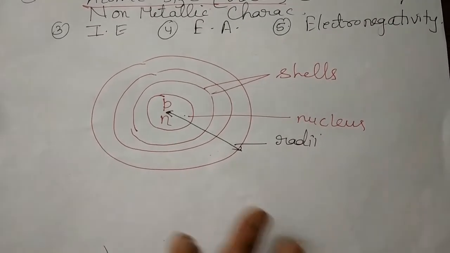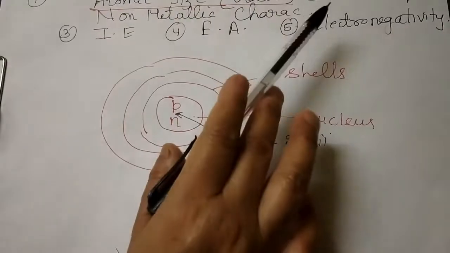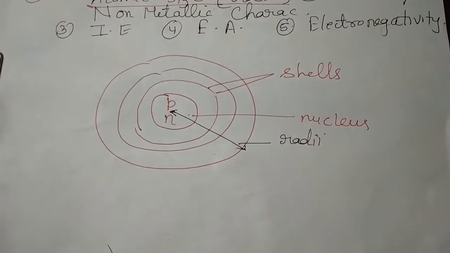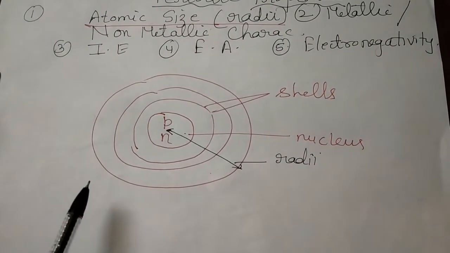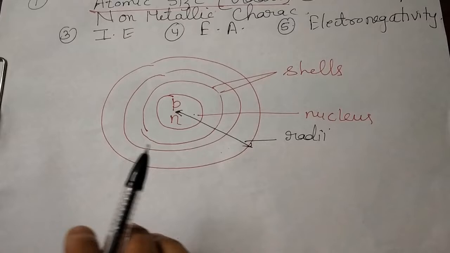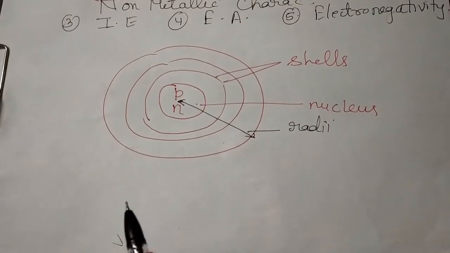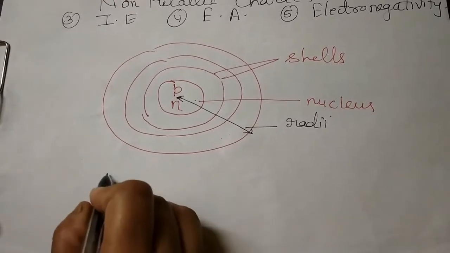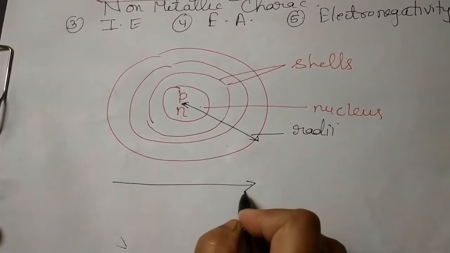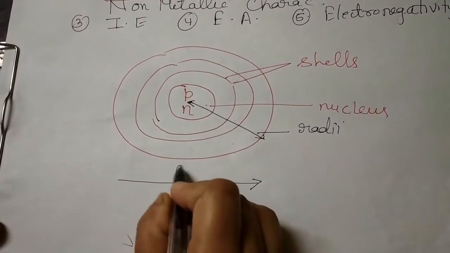Now the question is how this atomic radii comes under the periodic properties. Now when we proceed from left to right, that is a period. If you are forgetting, again I am reminding you, when we move from left to right, that is the period.